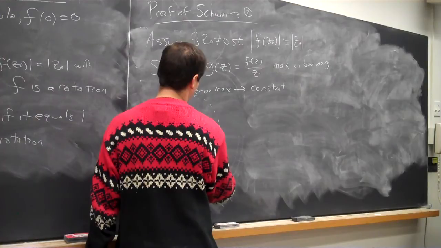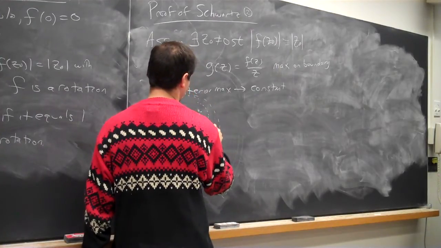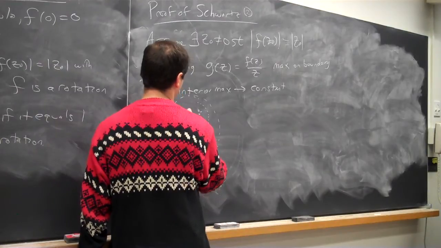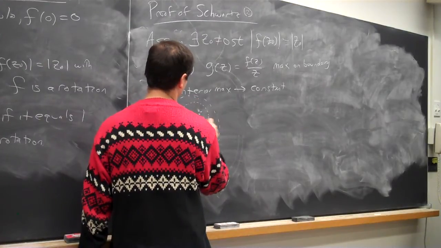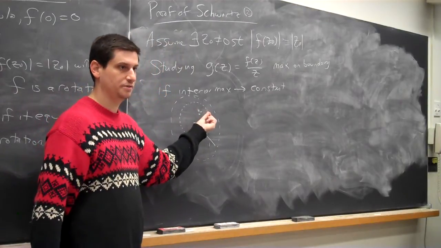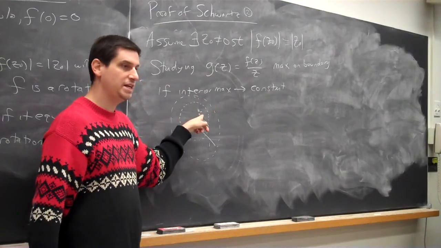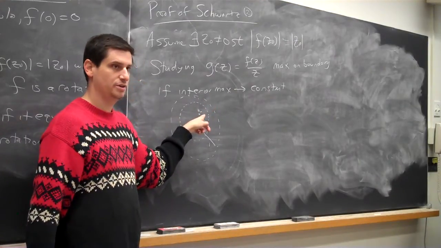Here's a circle of radius 1. Here's a point z0. And I'll take a slightly larger circle of radius r. So inside the circle of radius r, I have the point z0. I know the maximum is on the boundary. I've just attained a maximum also at an interior point.